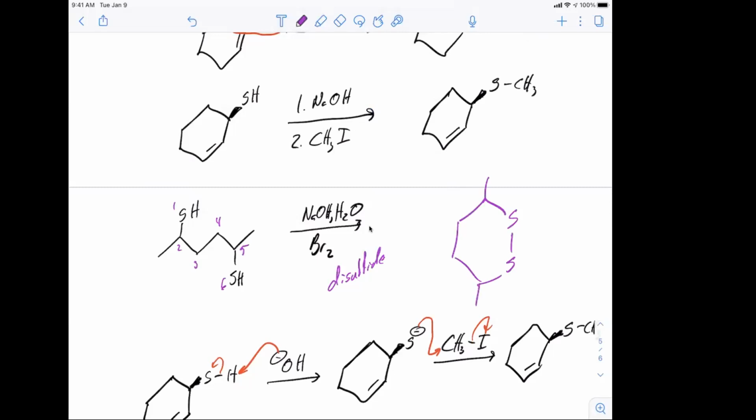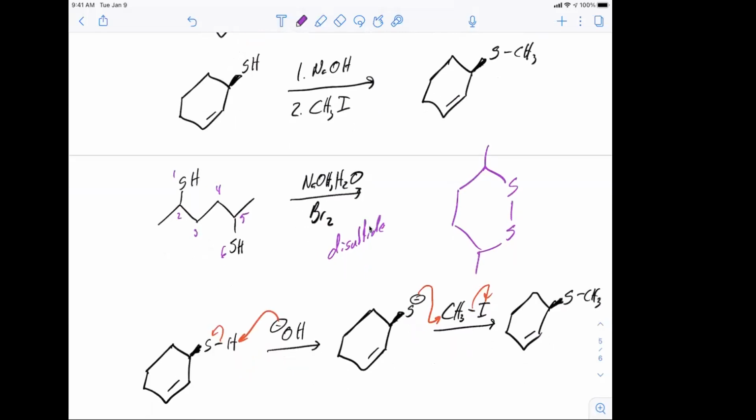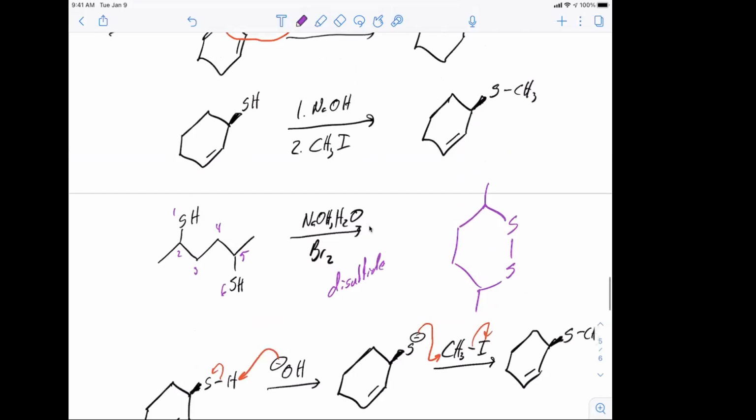Not the prettiest drawing in the world, but I'll create an intramolecular disulfide. Now, for intramoleculars, you have to think about what would be a stable ring system. 5 is stable, 6 is stable, 7 is stable, 8 would be stable, but 4 probably not, and of course 3 no. So you can't have internal disulfide bonds. Okay. Questions about any of these?